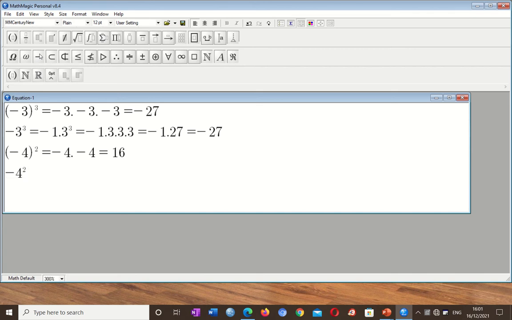Now, here, be careful. This means that I have to write minus 1 multiplied by 4 multiplied by 4. That is minus 1 multiplied by 16, and here I have minus 16.